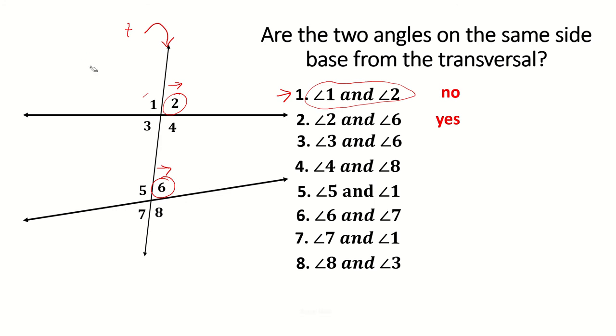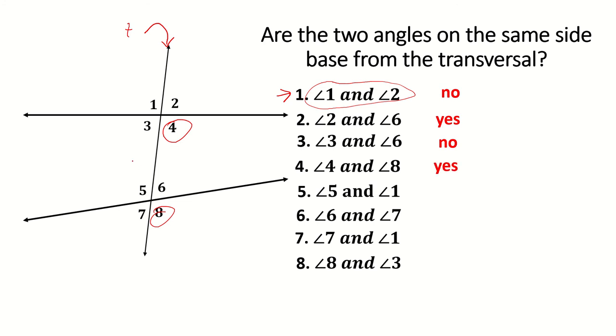How about 3 and 6? Angles 3 and 6 are here. Angle 3 is on the left side of our transversal. 6 is on the right. So the answer is no. How about 4 and 8? Angles 4 and 8 are both on the same side, the right side of our transversal.